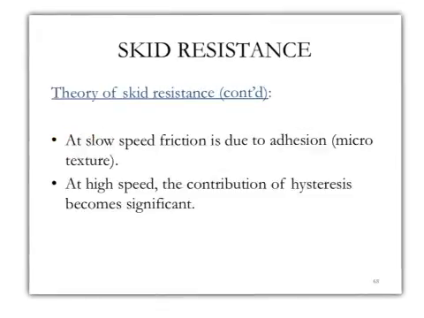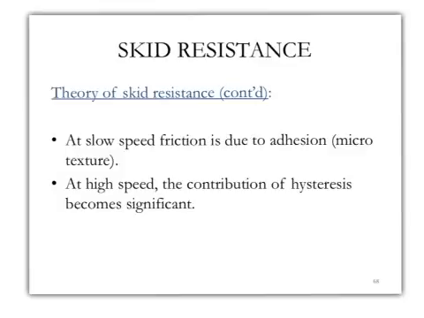The question here again is that skid resistance is always related to speed. At slow speed, friction is going to be due to adhesion, which is because of the micro texture. At high speed, the contribution of the hysteresis becomes very significant. So those are the two extremes again.